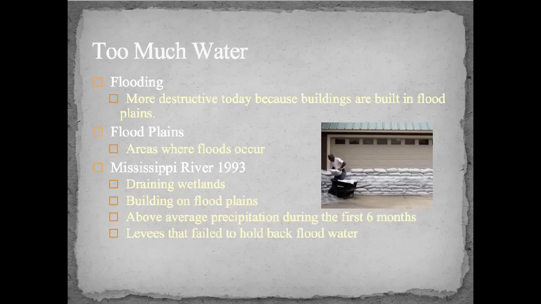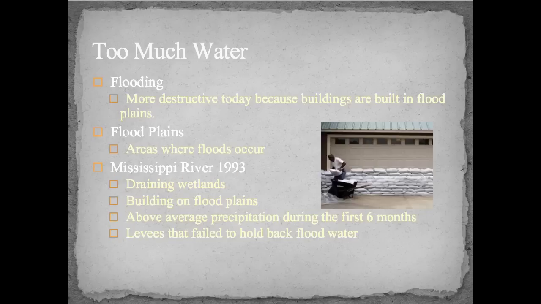Sometimes you can have too much water. And too much water can lead to a couple things, like flooding was the main one, and this is more destructive today because buildings are built in floodplain areas. Floodplains, those are areas where floods occur. That is a certain section on a river that tends to have fluctuating quantities of water.